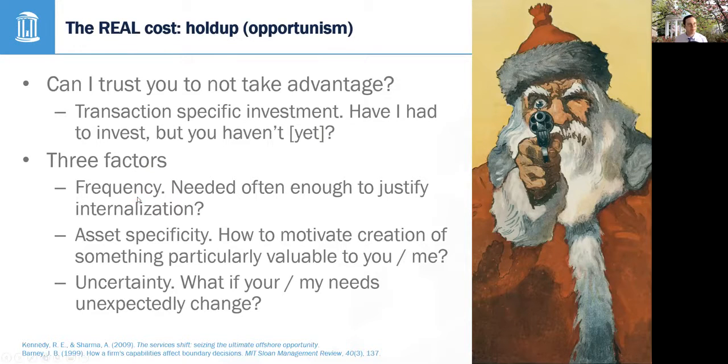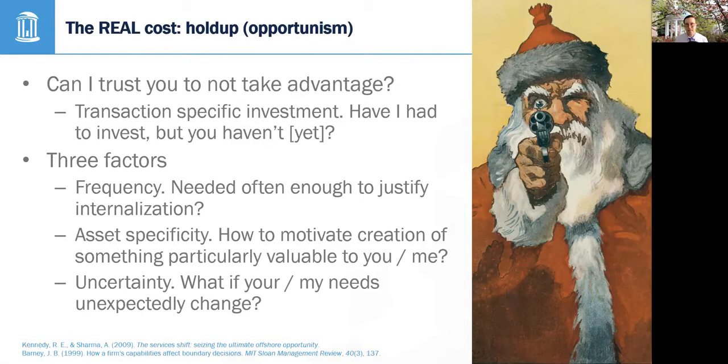The first is frequency. So with high frequency of transactions, there's an increased likelihood that something might change over time, and I might depend on you and you can force me to renegotiate. With asset specificity or transaction-specific investments or idiosyncratic investments, the question is, how do parties working together motivate the other to invest in resources that are uniquely valuable to them?